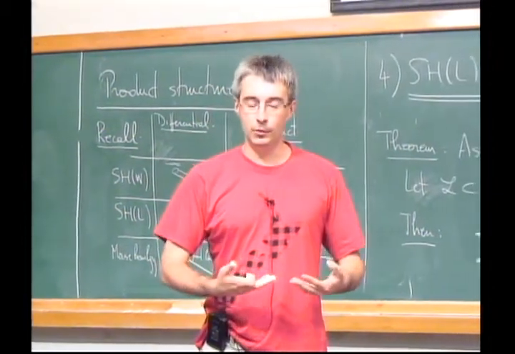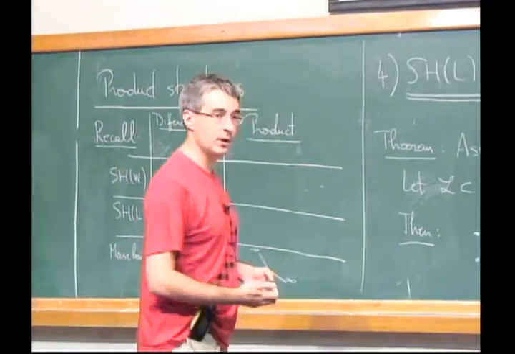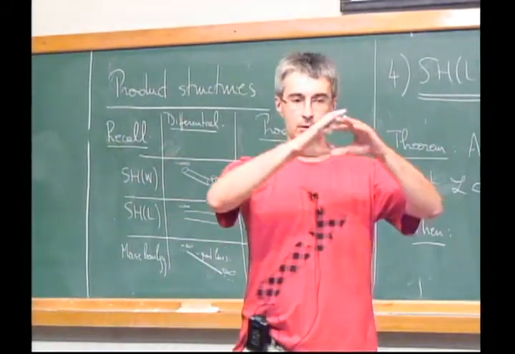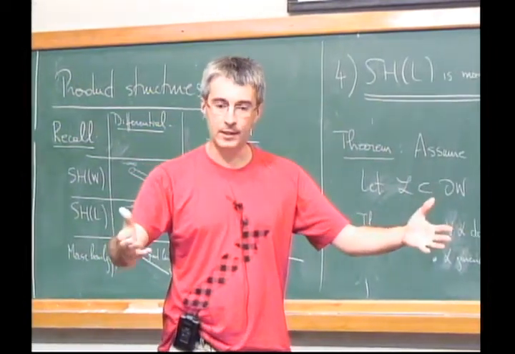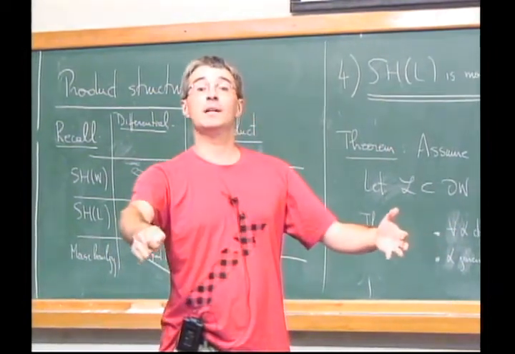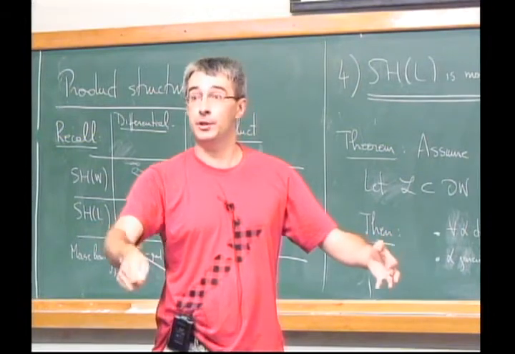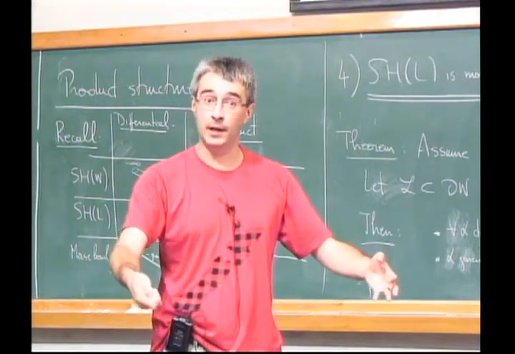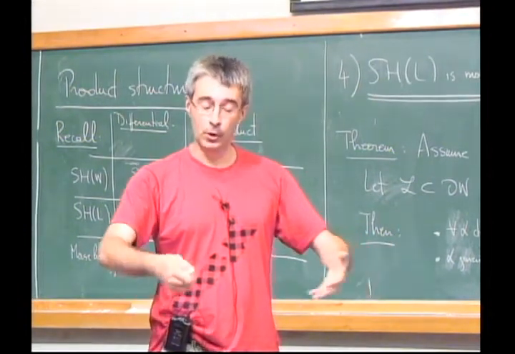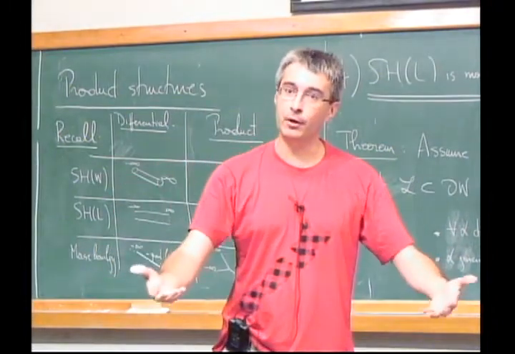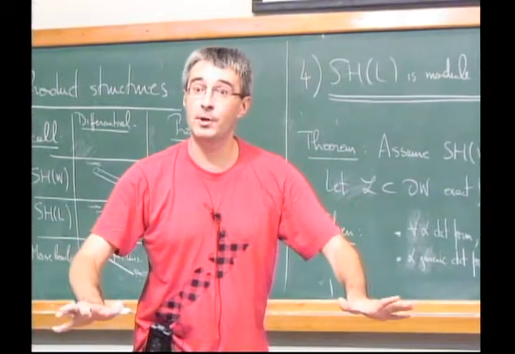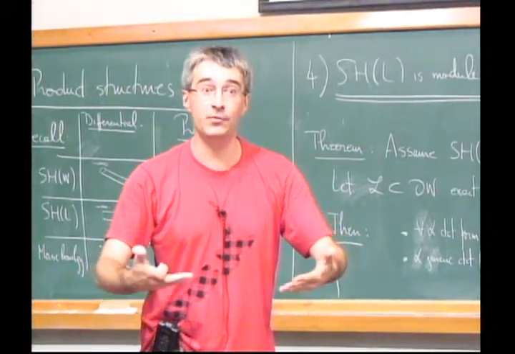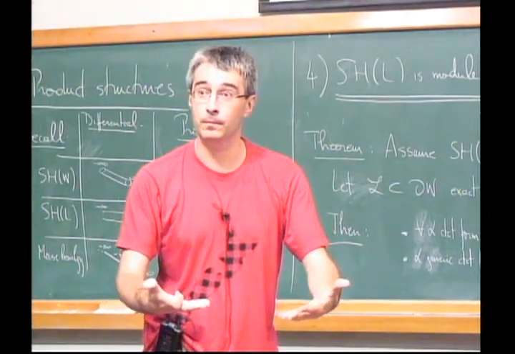When you define the differential by such isolated gradient lines, you look at the boundary of an unstable manifold and see which cells of one dimension lower it touches, how many times and with what sign. So you're decomposing the boundary of a cell according to other cells of one dimension lower. This is the differential for Morse homology.